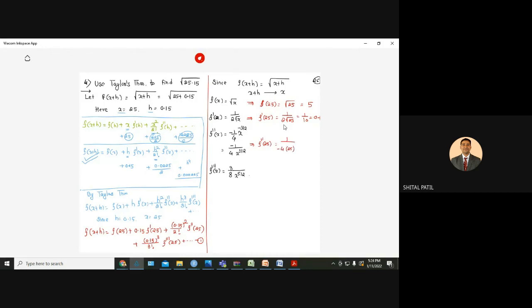You can use Casio for this. So square root is 5, then 125, 125 into 4, minus 1 upon 500. So minus 0.002. Please check it. Use Casio and check these values. And then this is f triple dash.